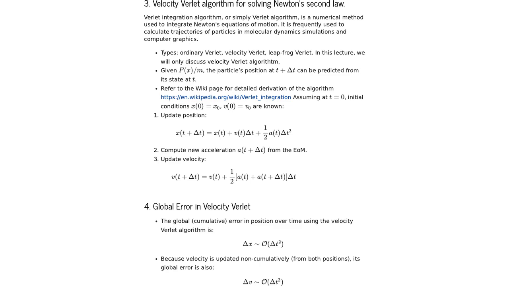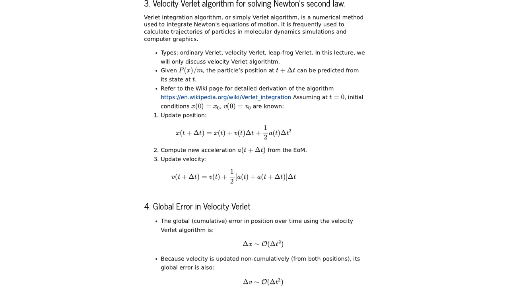Third, we update the velocity using the formula v at t plus delta t equals v at t plus 1/2 times the sum of a at t and a at t plus delta t, all multiplied by delta t.